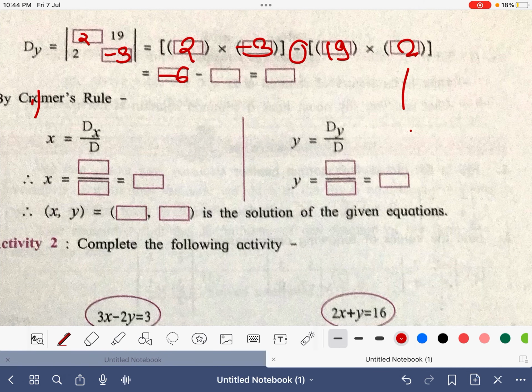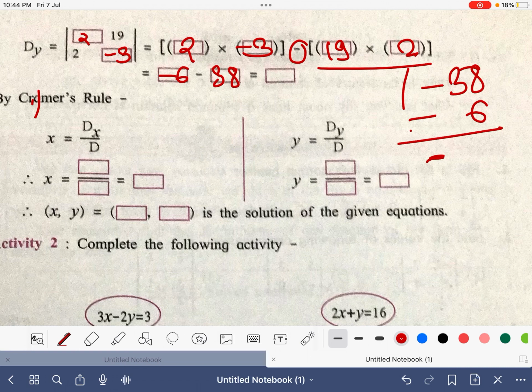Minus as it is, 19 2s are 38. So now simplify this, minus 38 minus 6. So minus minus, just keep as it is and add 38 plus 6. So 4 1, this is around 44. So your answer is minus 44.